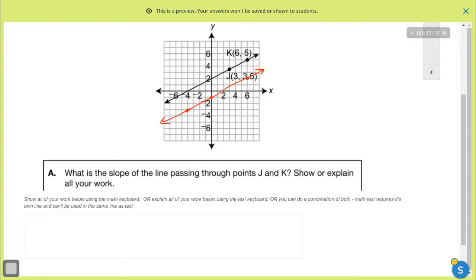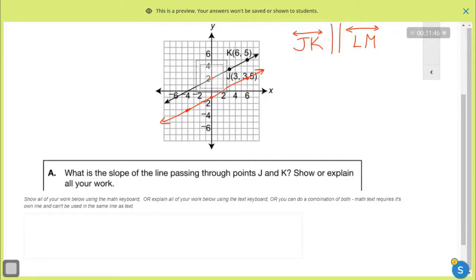Now, if 2 lines have the exact same slope, then that means these 2 lines are parallel. They asked us what's the relationship between the line JK and LM, the new line. Well, JK and LM could be parallel lines because parallel lines have the same slope. A second explanation is, what if they're not parallel?